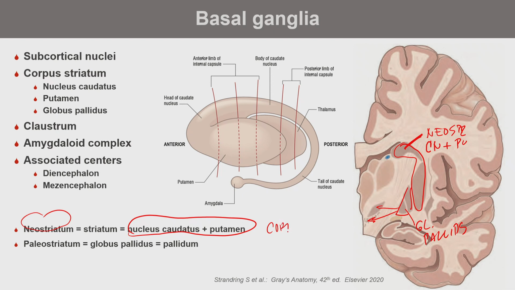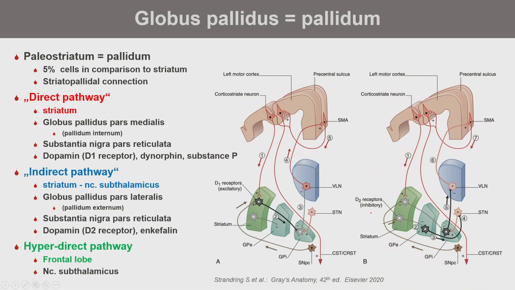From cortex they obtain the input, and then the input is transmitted to the medial part of basal ganglia, to the globus pallidus, directly or indirectly connected through the subthalamic nucleus. I have said that we have direct, indirect and hyperdirect pathway. So this is a communication between cortical and subcortical centers planning the motion.